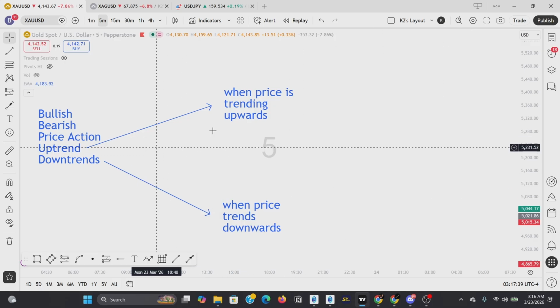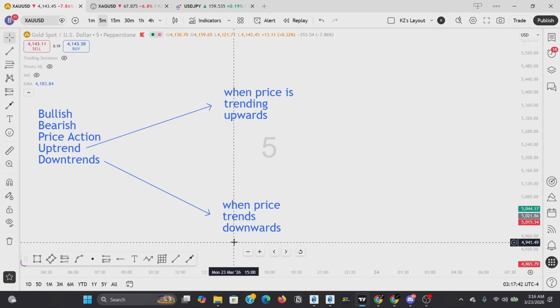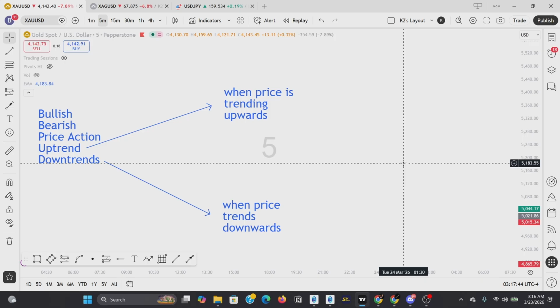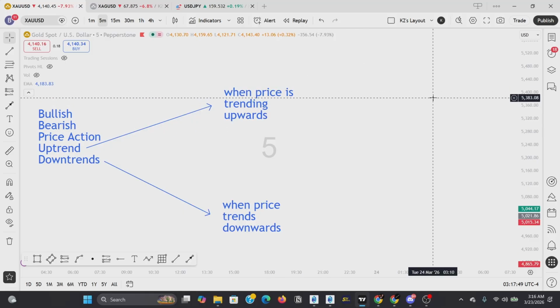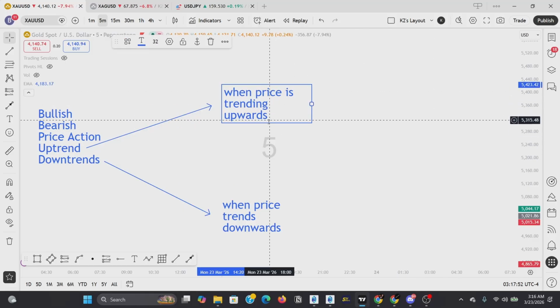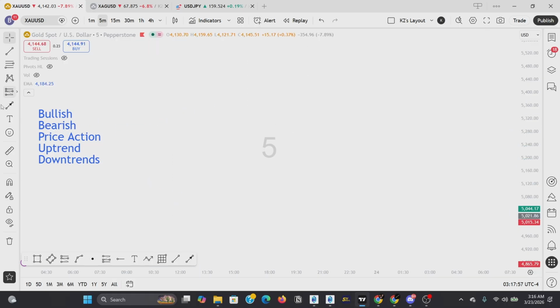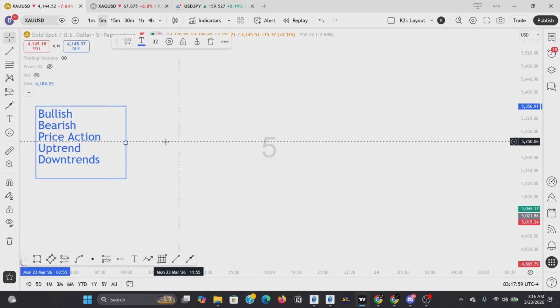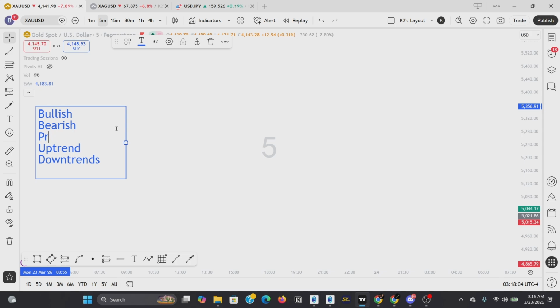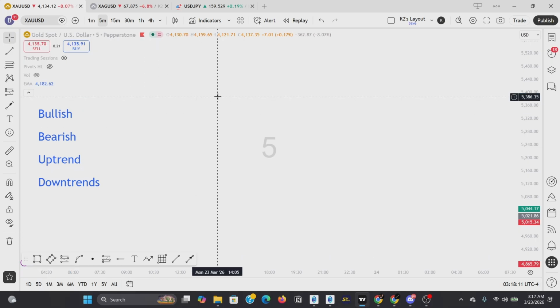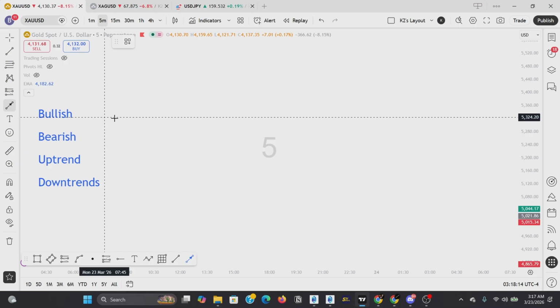Pretty simple, right? It's genuinely that simple. Now, I will give examples of all of these except for price action, because price action just describes how the markets move.